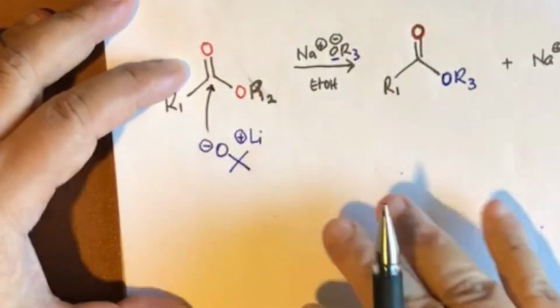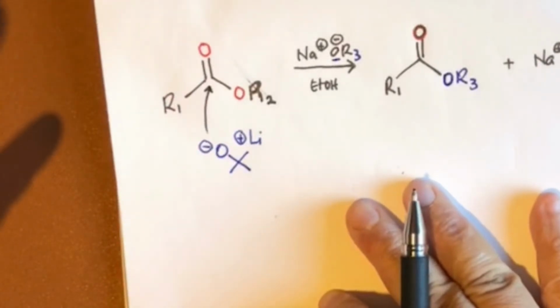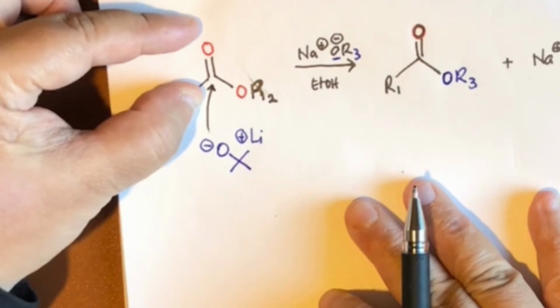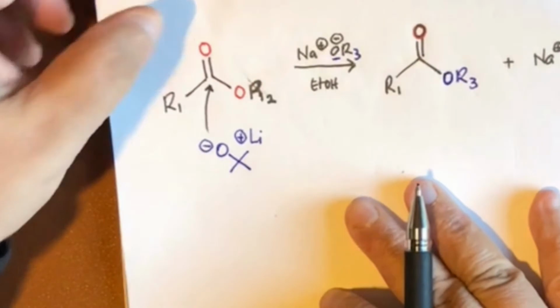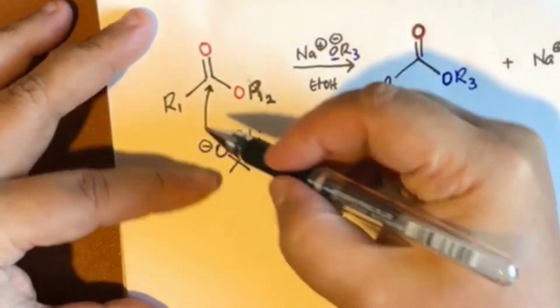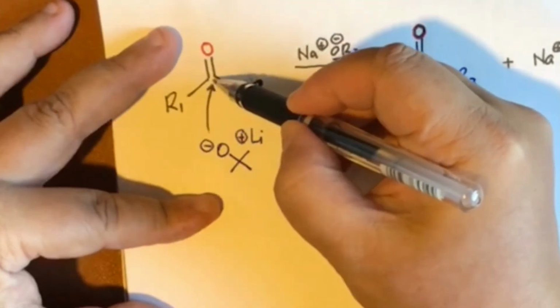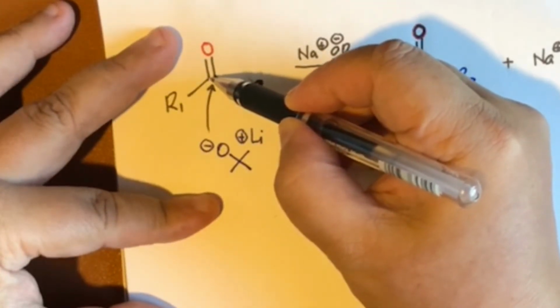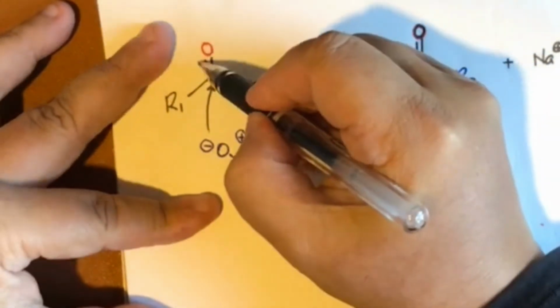Notice here that there is no hydrogen, so the carbonyl is not activated by having a protonated head. It's not protonated at all. So the alkoxide will then attack the electrophilic carbon of the carbonyl.